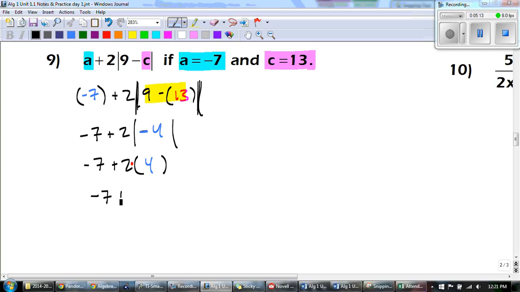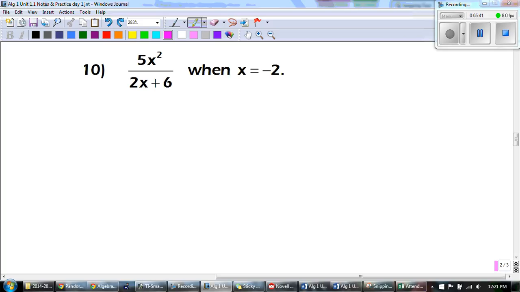Negative 7 plus 2 times 4 gives us 8, and then negative 7 plus 8 is a positive 1. Now, the tendency with this problem is to do this right away, the negative 7 plus 2. Please don't do that, guys. That is completely incorrect. We have to wait till we go all the way down to do that.